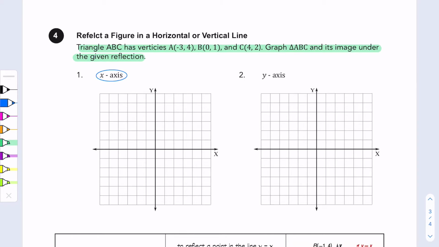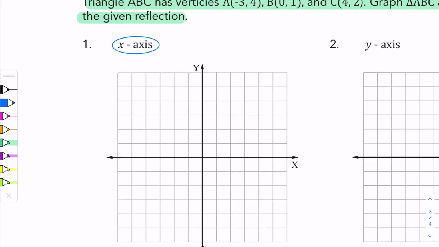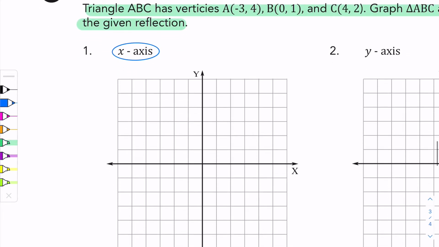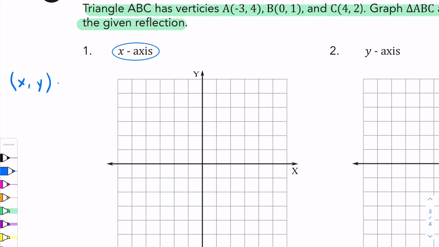I'm going to set up a table just because I think that will organize my work. I'll write out in my table my original ordered pair x, y, and that when you're reflecting across the x-axis, this maps onto a positive x coordinate and a negative y coordinate. The only thing that changes is the sign of your y coordinate.